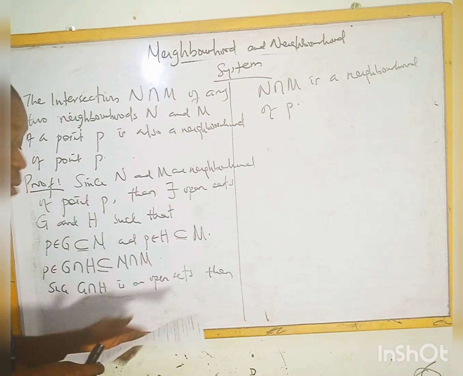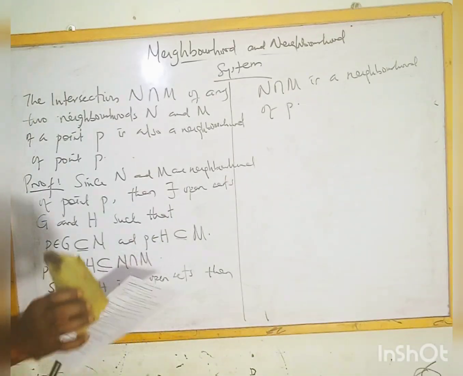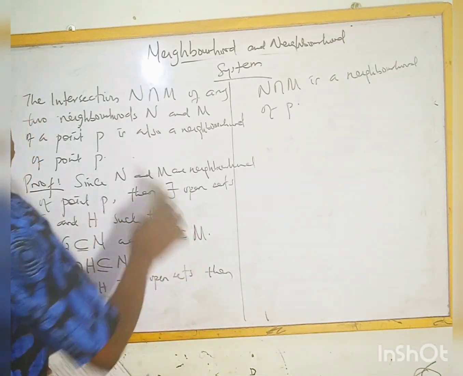So that was also a neighborhood for that point P. I hope you get it very well. So that is a very simple way you can actually solve the problem.